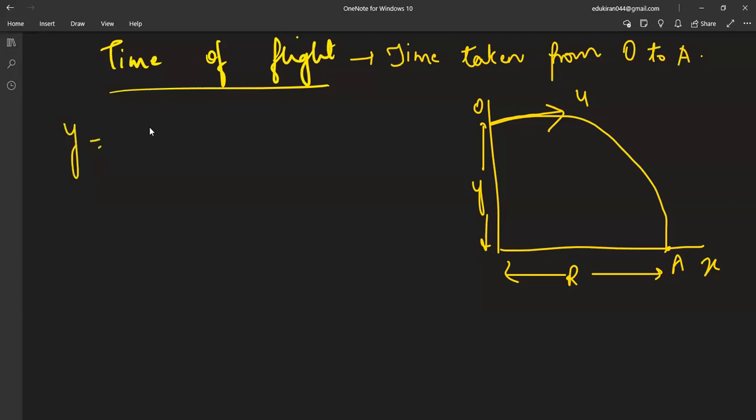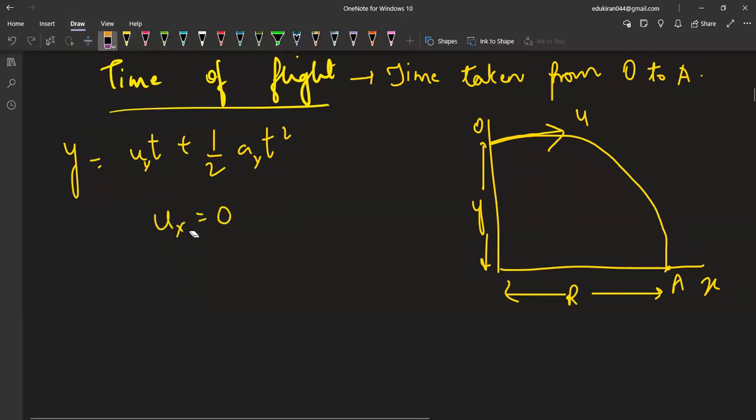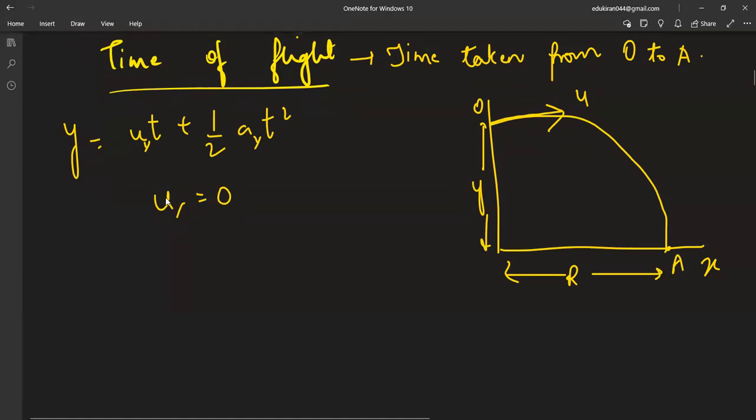So we use the equation y is equal to ut plus half at square. Now uy we are talking about, ay. So do we have any velocity along y-axis? No. So similar to the previous case, uy will be 0, not ux. This is uy. uy will be 0.